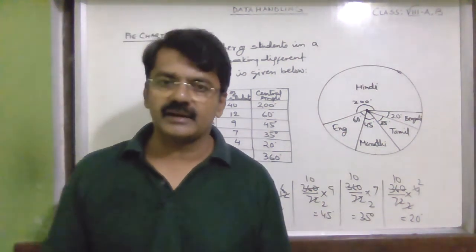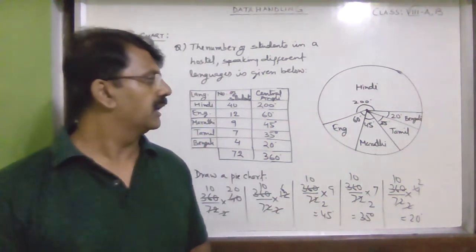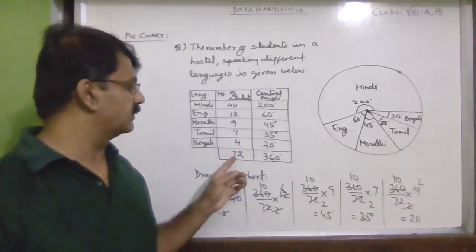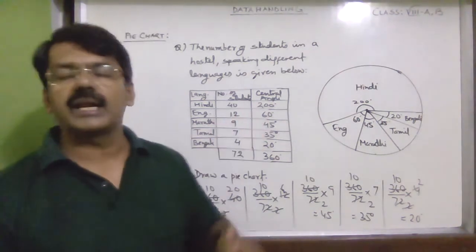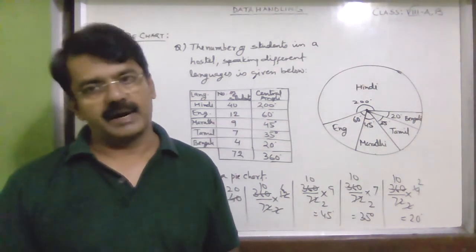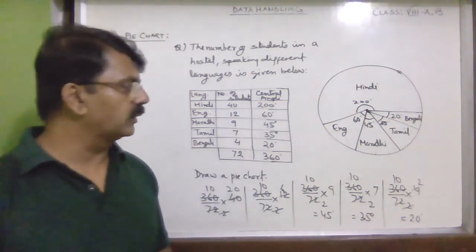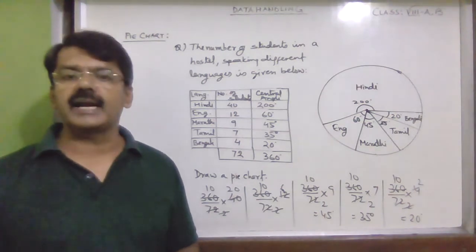While drawing the pie chart, we assume that the sum of frequencies is equivalent to the total angle around a point, which is 360 degrees. So by equating, you have to find the central angles.